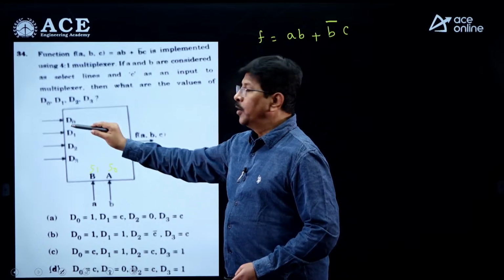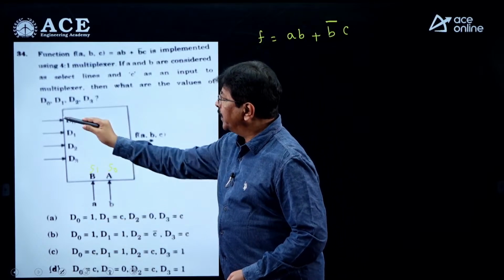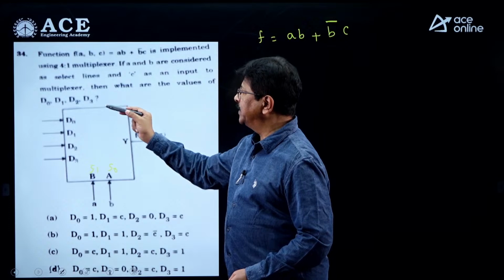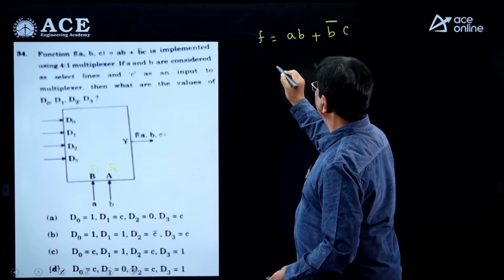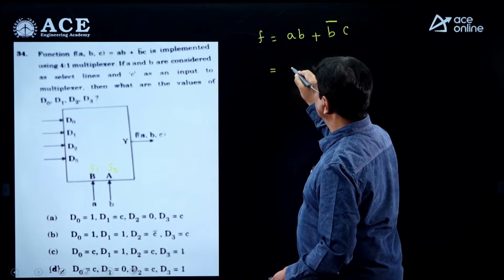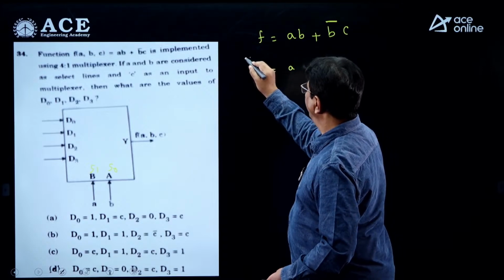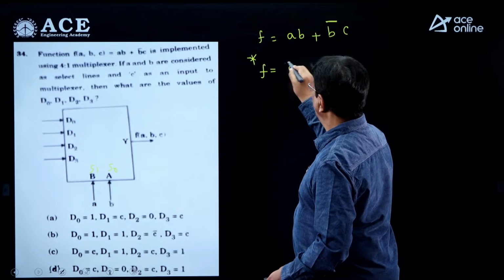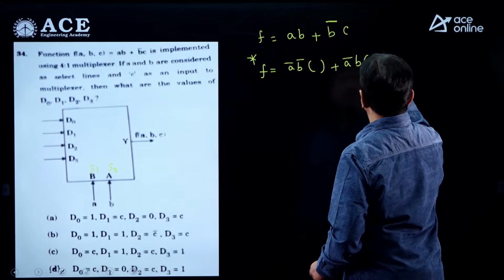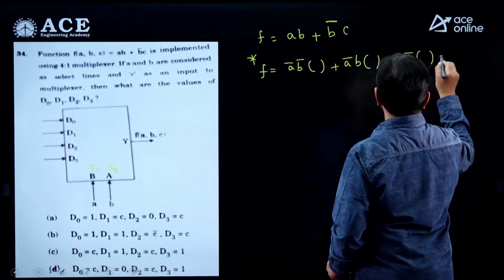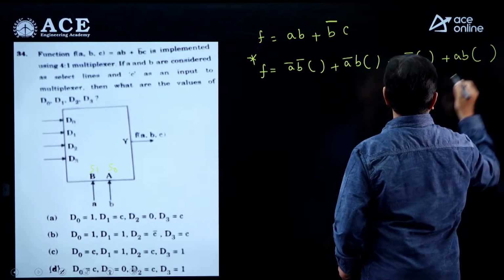So he is asking which of the options is going to be the correct one for these inputs D0, D1, D2, D3. I think this is going to be a routine one. Take AB as selection lines, we can do it like this. F equal to A bar B bar into something, A bar B into something, A B bar into something, A B into something, that's it.